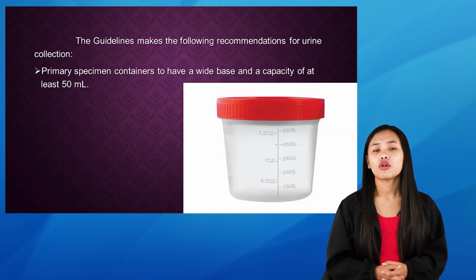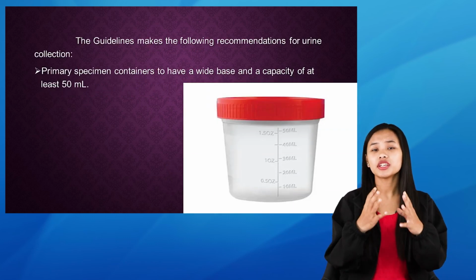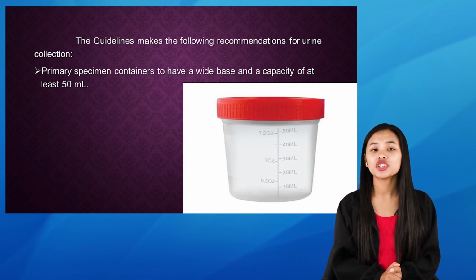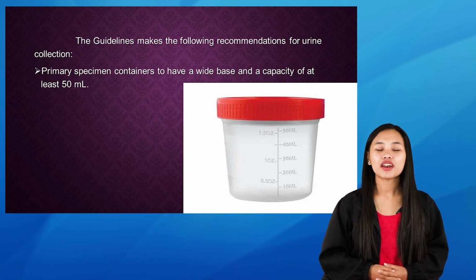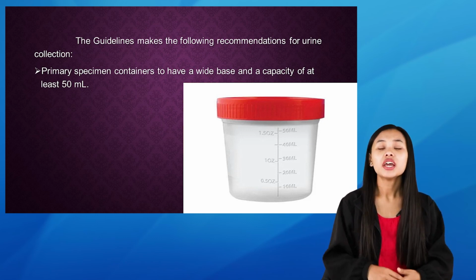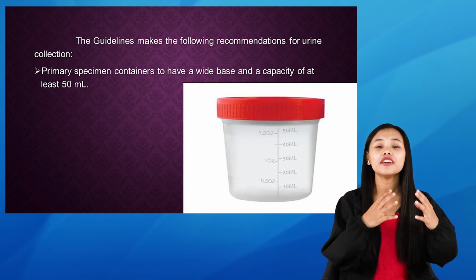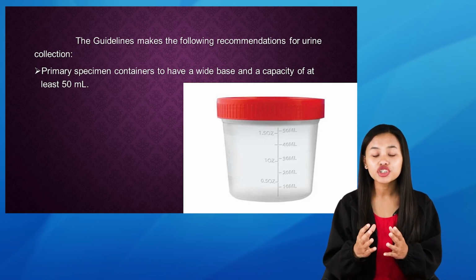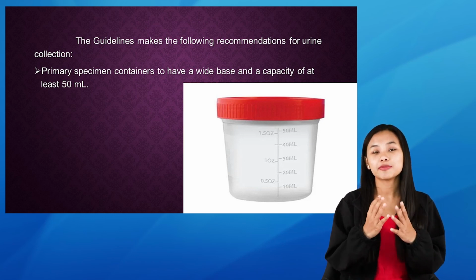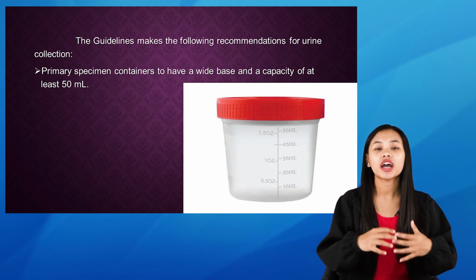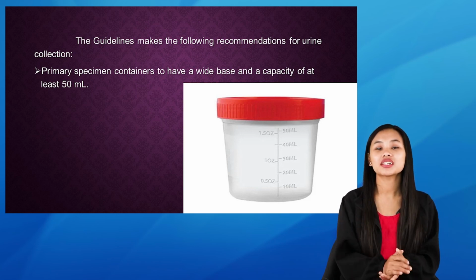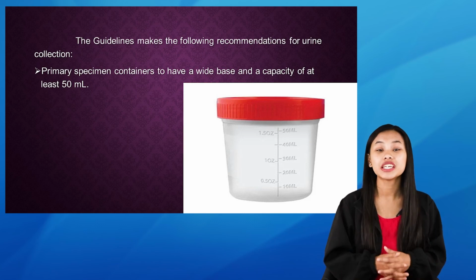These guidelines also make certain recommendations for the process of urinary collection. The first one is that if the patient is advised to collect the primary or routine specimen, then we must make sure that we provide a container which has a wide base as well as a capacity of at least 50 ml.